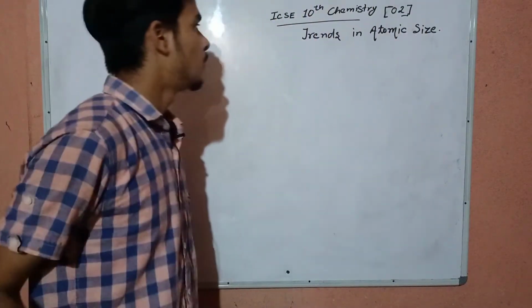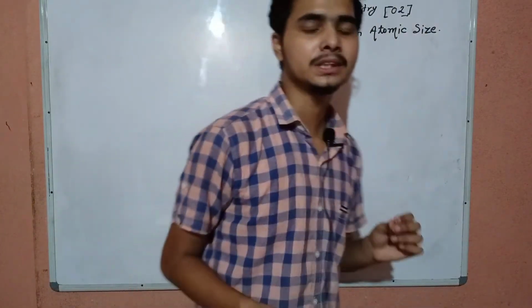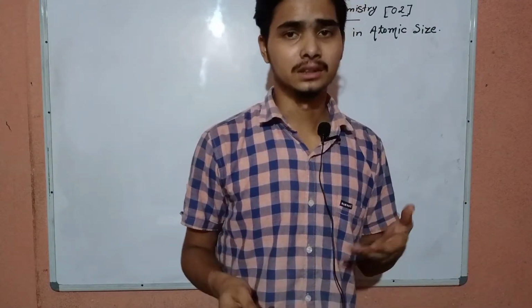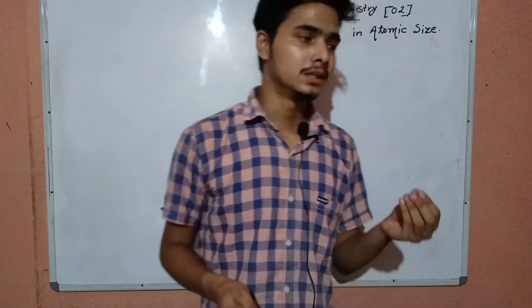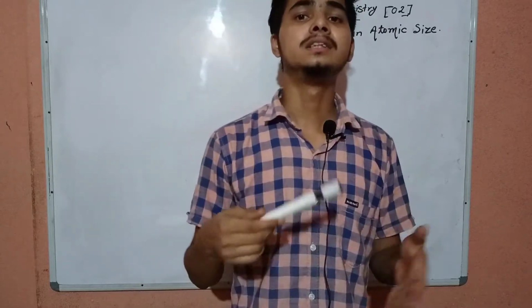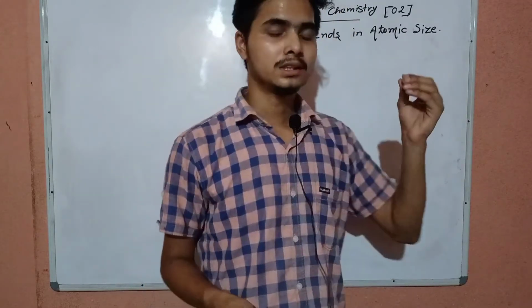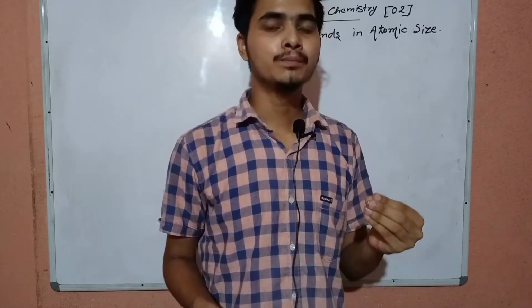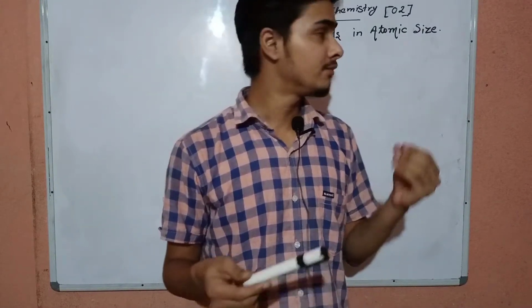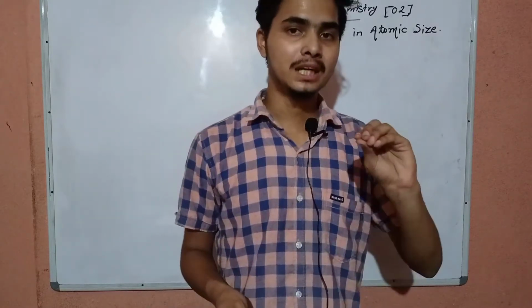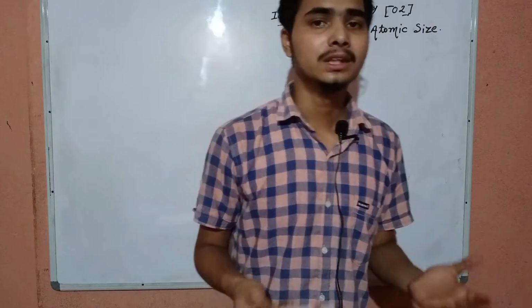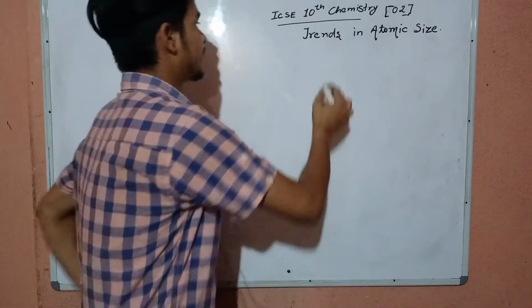When I say trends in atomic size or trends in any property, in the periodic table chapter it generally refers to how that property changes. If in the periodic table a property is taken down a group, how does it change, and if it goes across a period, how does that property behave. That is what we mean by trends.